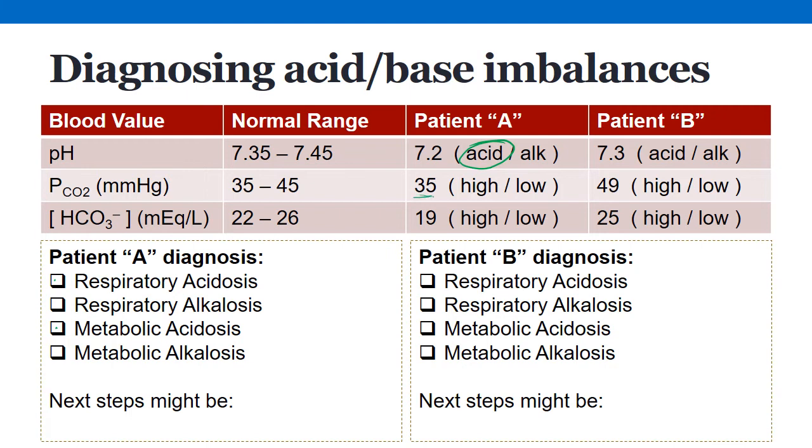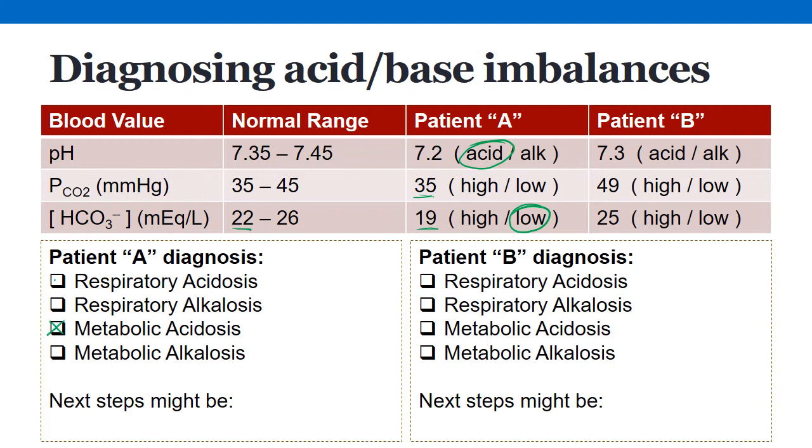Then we look at the bicarbonate. 19 is very low. It's below the 22 over here. So patient A would be diagnosed with metabolic acidosis.